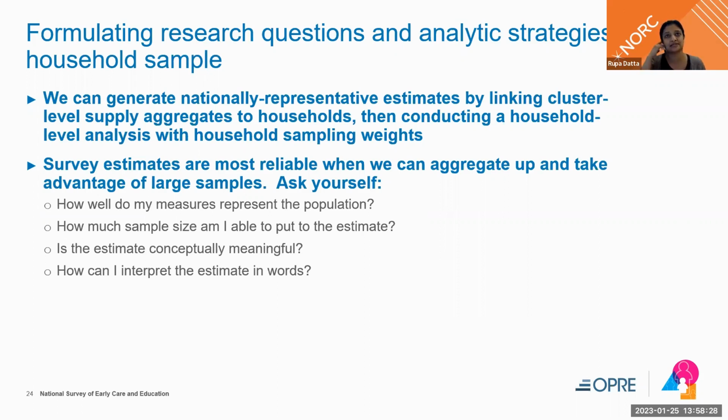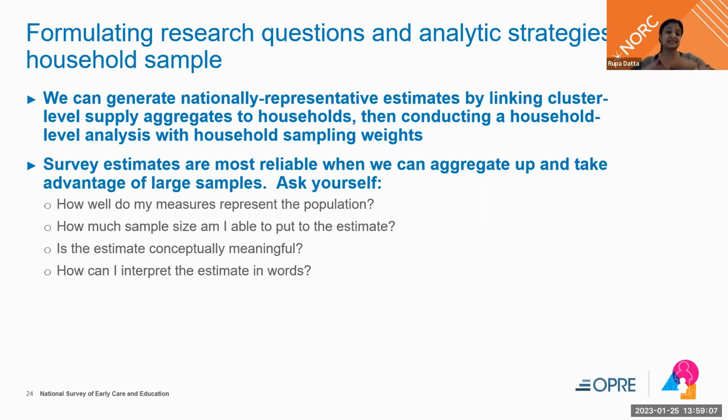In this case, we can think about, well, the household, we have a relatively stable number of households that are representing hundreds of other households in a community. If we have 10 or 13 households in a provider cluster, and we're measuring a relatively rare characteristic like, do they have an infant and does the parent work nights and weekends?